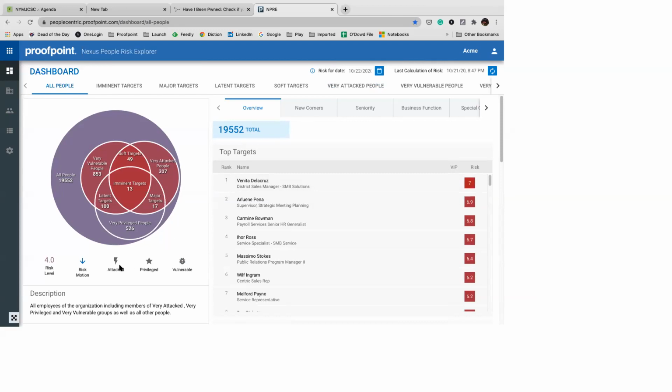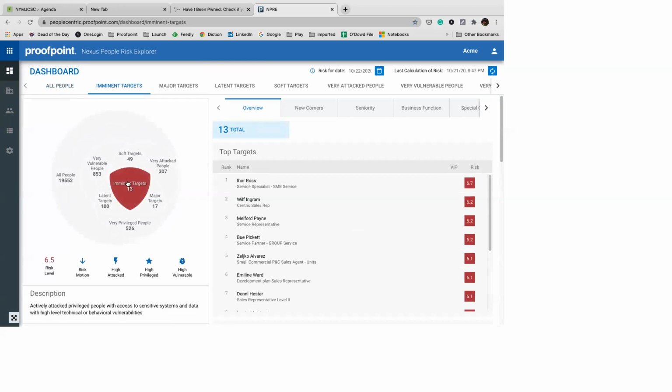Remembering the three risk scores: attack, privilege, and vulnerable. And where all these converge is our imminent targets, right? And it's probably where you might want to start to apply controls because they really stick out like a sore thumb. But there are other segments that we think are meaningful and important as well.